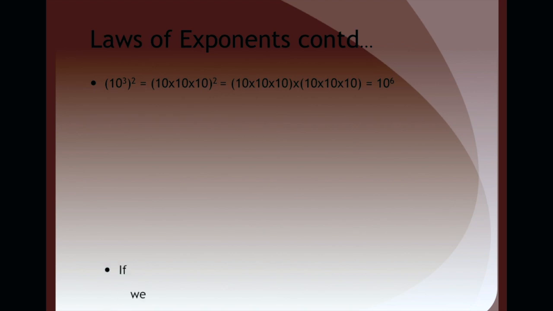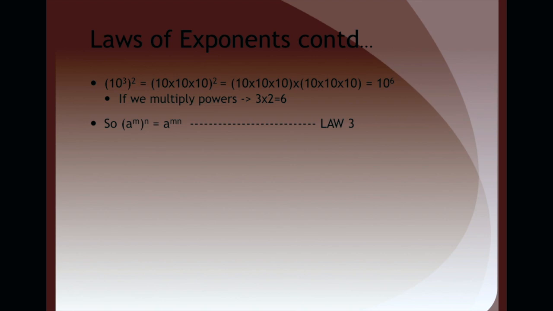So what we see here, in the first step the power is 10 raised to power 3 raised to power 2. If we multiply 3 into 2, the answer becomes 6, and in the final step we can see that the answer is 6. So that takes us to law number 3.